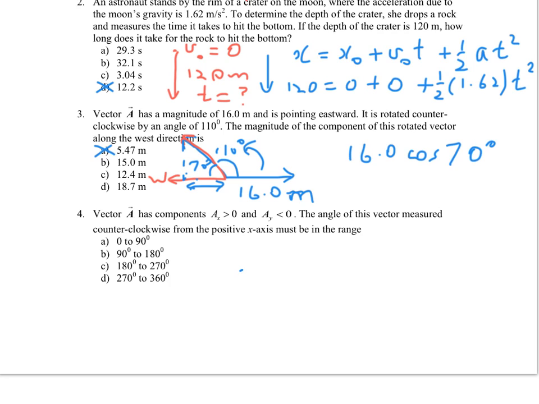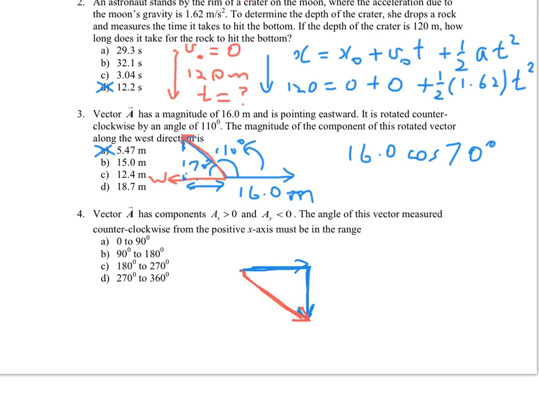Now, if you have a positive x component and a negative y component, this is what the vector would be. The sum of the x and y components would be this vector pointing from the origin in this direction, like that. Therefore, the angle that this vector makes is measured counterclockwise from the positive x-axis.